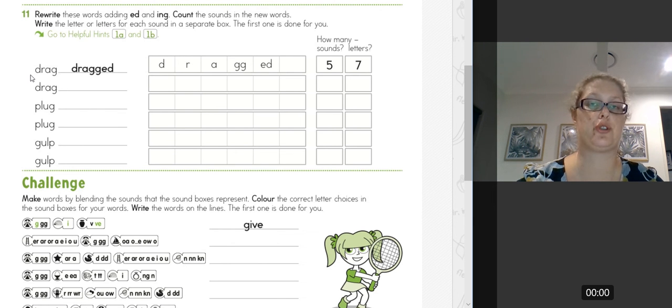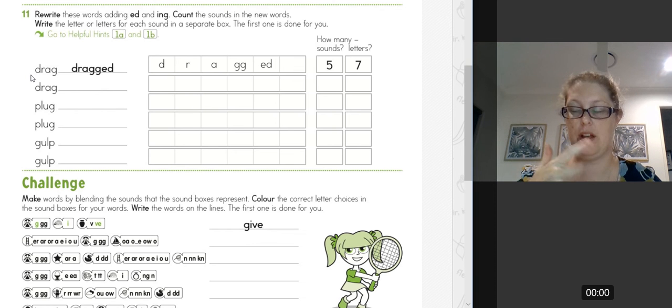So in drag, d, r, a, g, the a is a short vowel sound and it's the second last sound. So that means we will double the G and add ed.